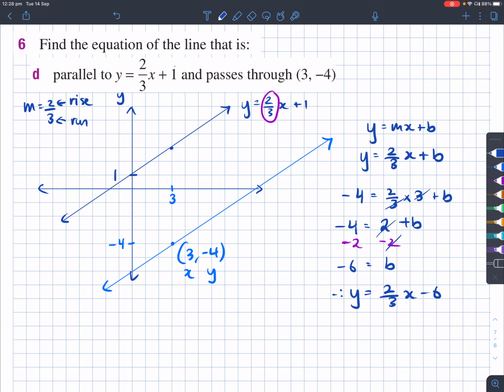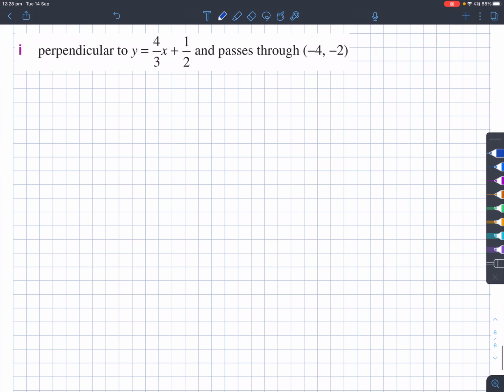Now let's have a look at an example where it's perpendicular to another line. So I've got an equation which is 4/3 of x plus half. Let's see what this kind of looks like. The gradient in this case is 4 over 3. I'm just going to write that down.